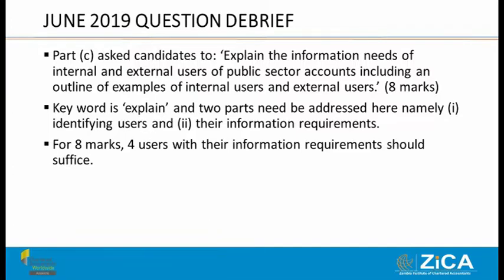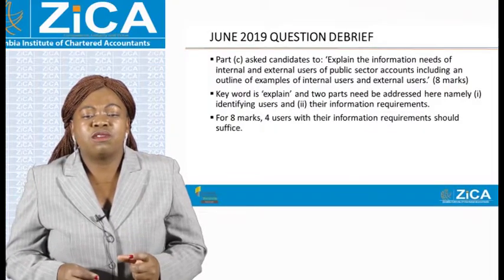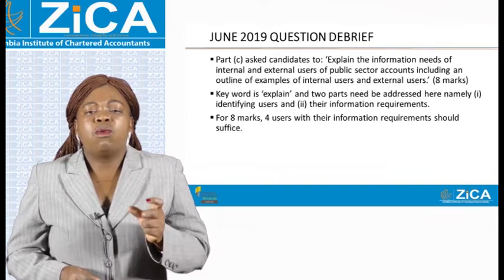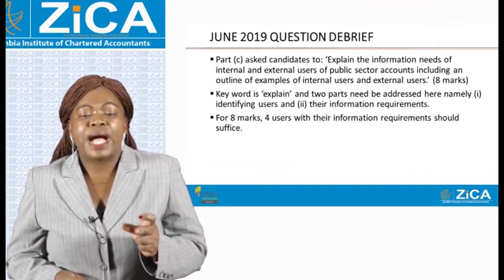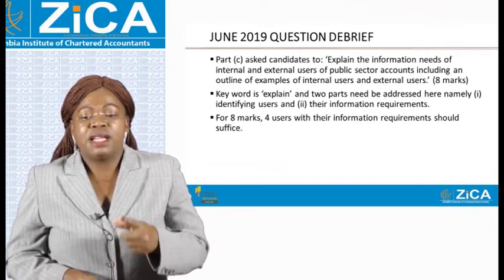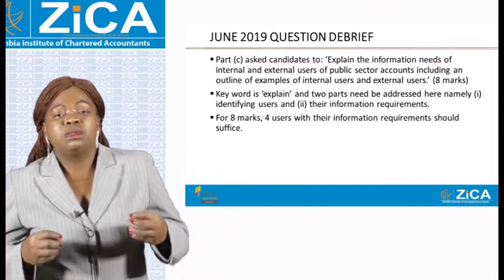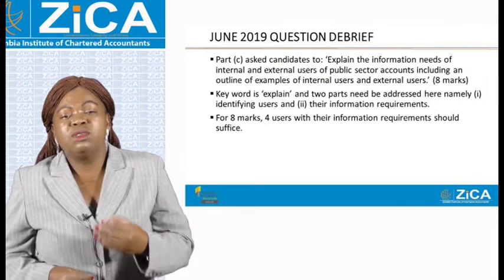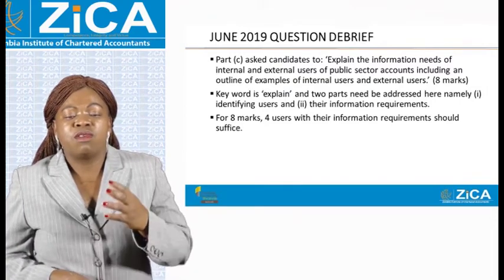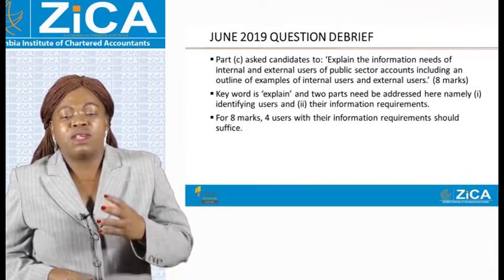So you need to be complete. There are certain questions in this paper that will comprise more than one particular part within a question. And this one is a very good example. You just have to satisfy all the requirements, not only meeting one requirement of the question.